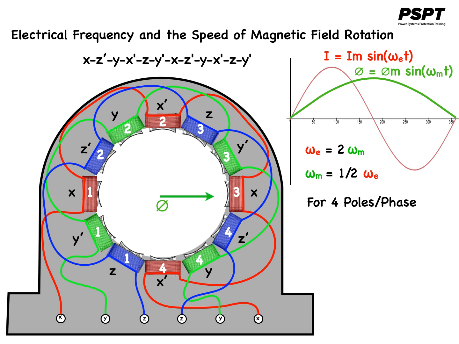In this case, we have slowed the rotating field to 1/2 that of the 2-pole machine by increasing the number of poles to a 4-pole machine. Therefore, we would be reducing the speed of the rotor. It is therefore evident that the speed of the rotor is inversely proportional to the number of poles per phase of the machine.